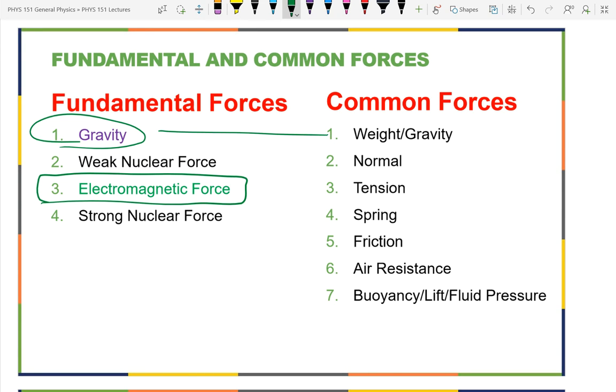So weight, gravity, well, clearly that's gravity. So your weight, how much you weigh, is a measurement of the force of gravity acting on you. And so like I said, if I go from here to Denver, Colorado, I will weigh less because the force of gravity will be weaker on me in Denver, Colorado than it is here.